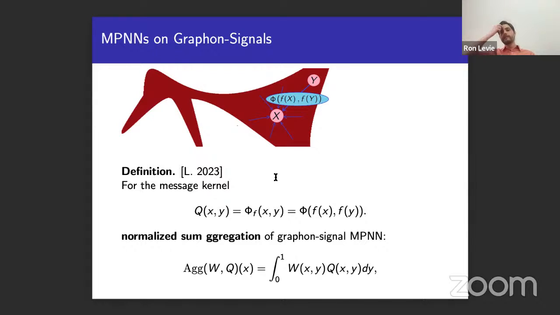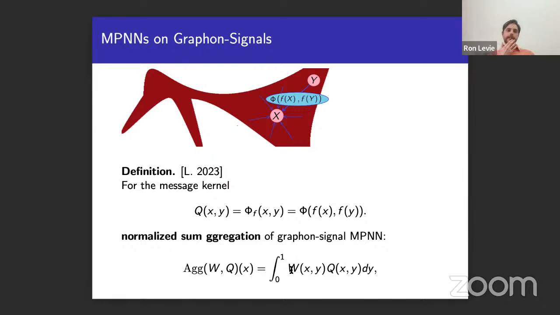The only thing you need to extend is the aggregation, and you extend normalized sum aggregation to integral aggregation. What you do is you take all of the messages sent to some node, and you integrate them against the edge weights that come from the graphon.